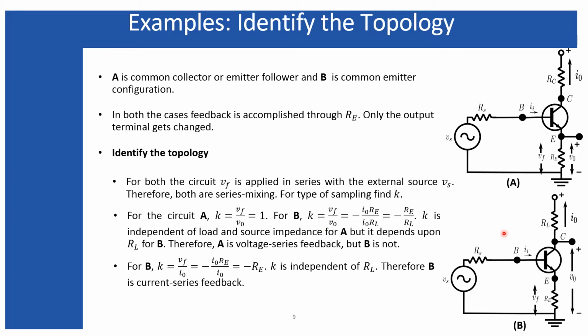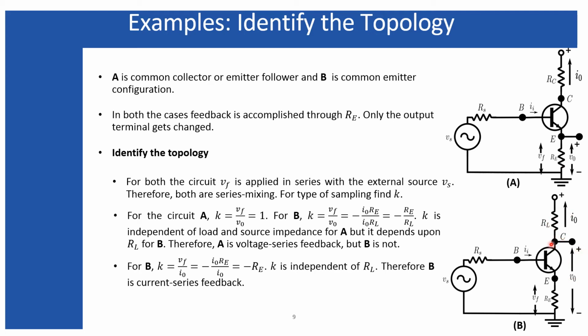Now V naught is the voltage across the load impedance. For circuit B, RL is the load impedance, but for circuit A, this emitter resistance Re is the load impedance, because output is taken across the load impedance. Since it is taken across the emitter resistance in this case, that is the load impedance, but in the other case, the load impedance is shown over here.